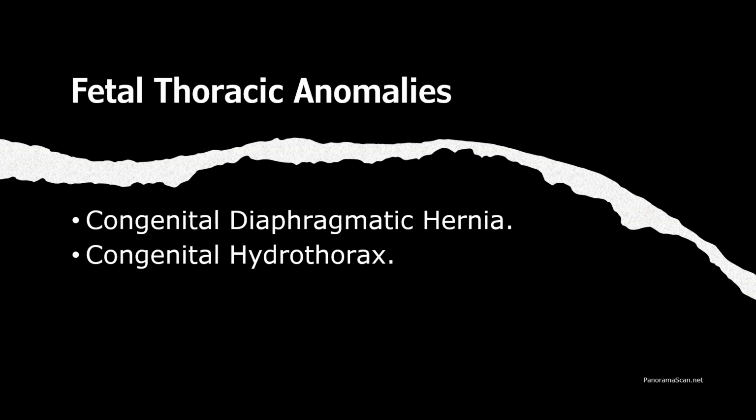And congenital hydrothorax, which is a condition characterized by the presence of fluid within the fetal chest cavity. Both conditions have significant implications for fetal development and postnatal outcomes, and we will explore how 3D and 4D ultrasound can assist in their diagnosis and evaluation.